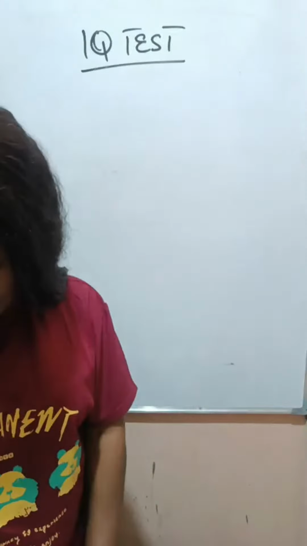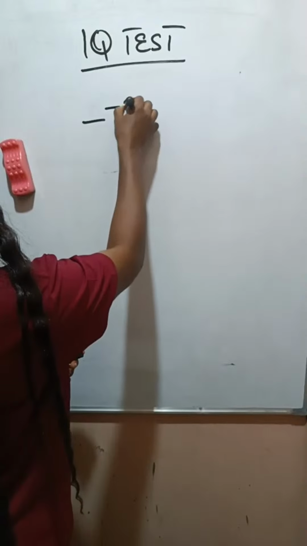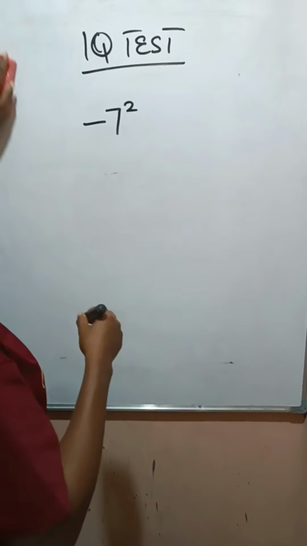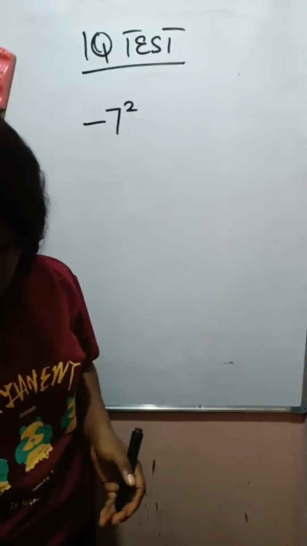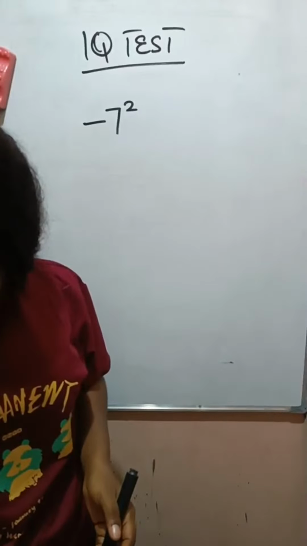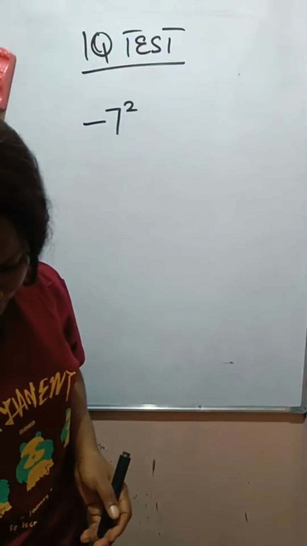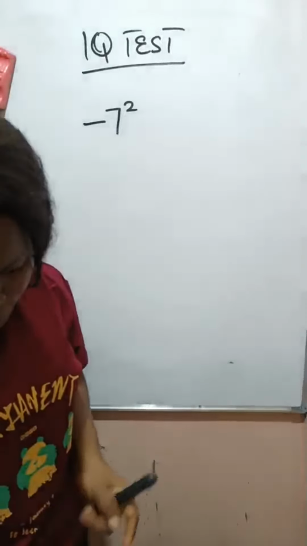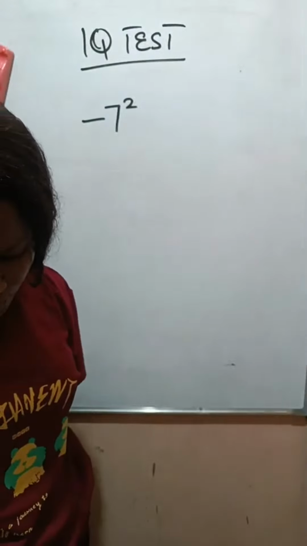All right. Now, can you tell me what is minus 7 squared? Easy, right? But trust me, it's not that easy. What is minus 7 squared?